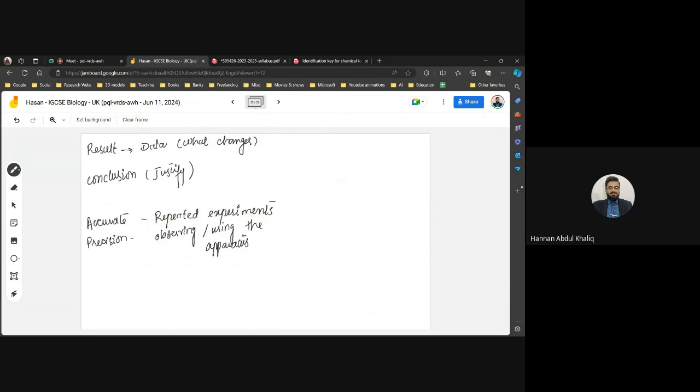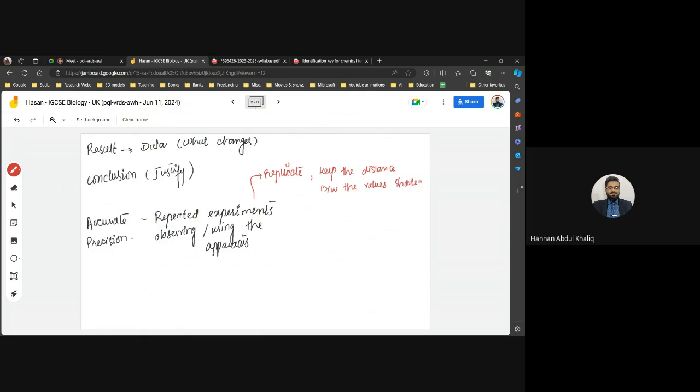This is also called replication of the experiments, so that there would be more accurate results. There are two answers to this question. How would you make it accurate? First, replicate. Then keep the distance between the values shorter. Now, what does this mean?